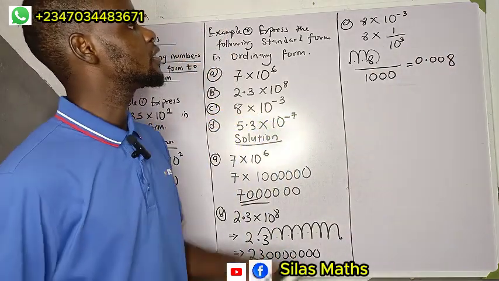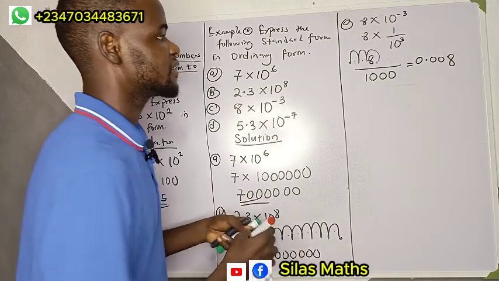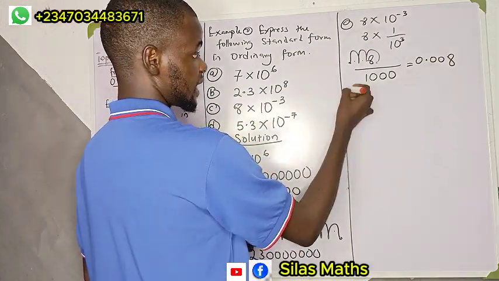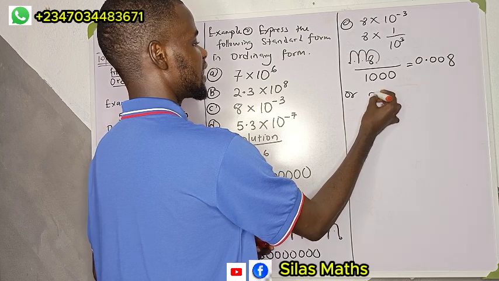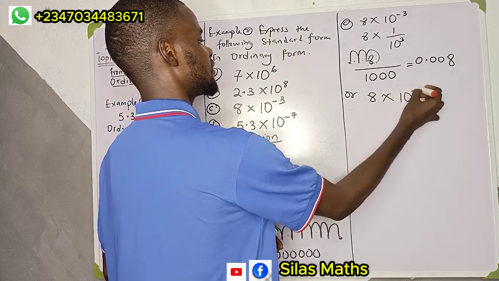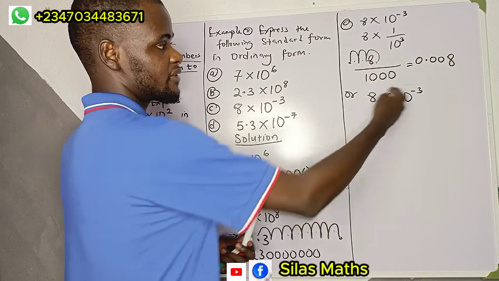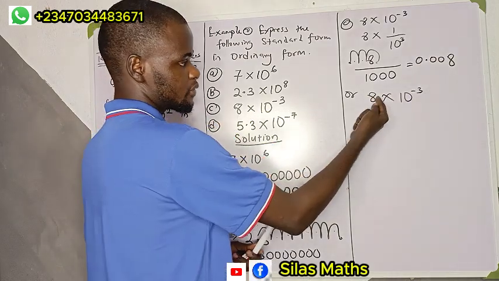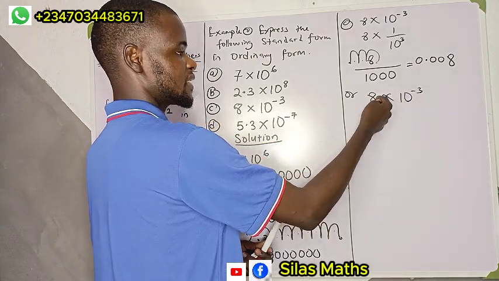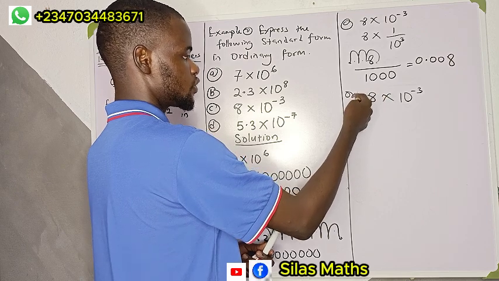I would have gone straight to explain that here by simply saying, if I have 8 times 10 raised to the power of negative 3, since I have a negative power, simple, the point is already here, shift the point 3 times backward, 1, 2, and 3.